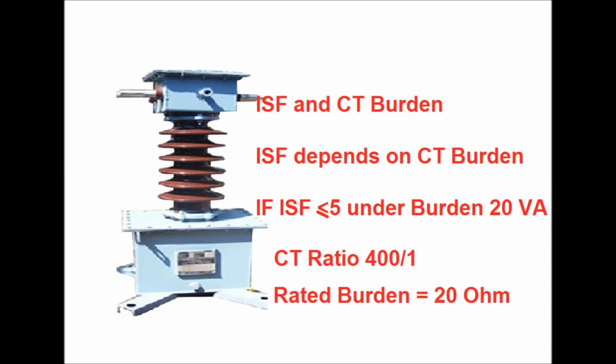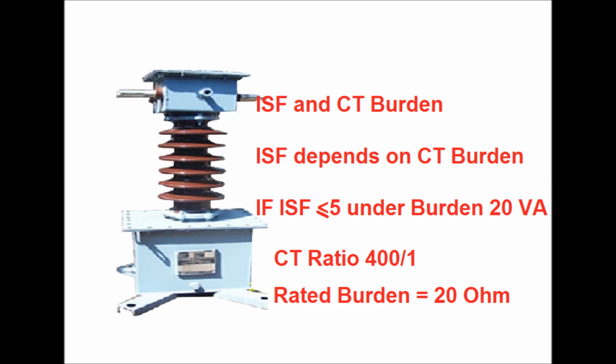For metering class CTs, it is expected that CT shall maintain the required accuracy under normal load conditions. But under fault conditions, since the fault current may be as high as 20 to 30 times the primary current, if 30 times the primary current flows under rated burden conditions, and if it is a 400 by 1, then CT secondary current can go up to 30 ampere.